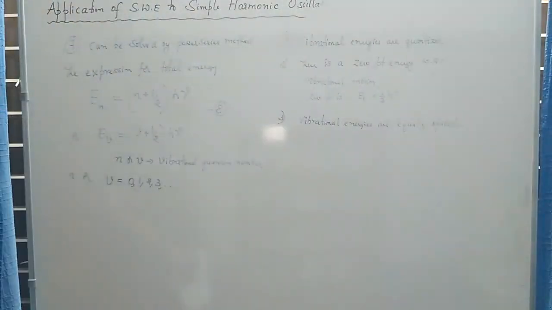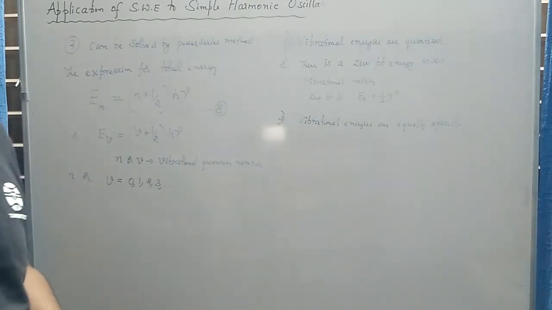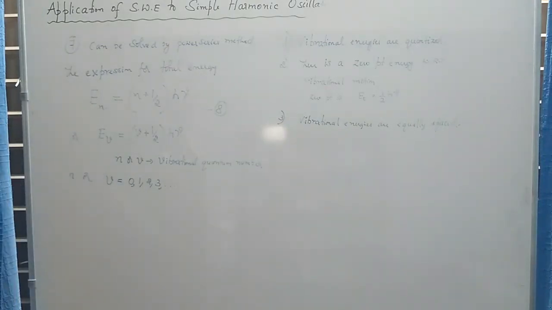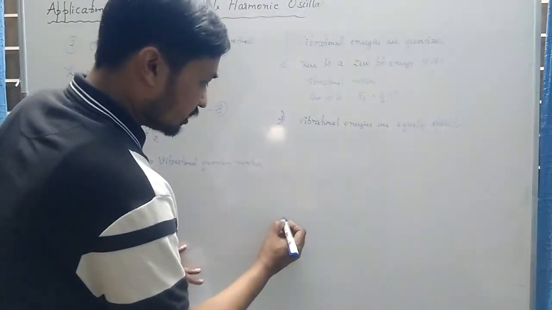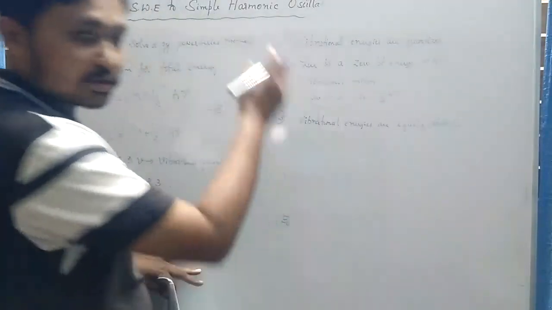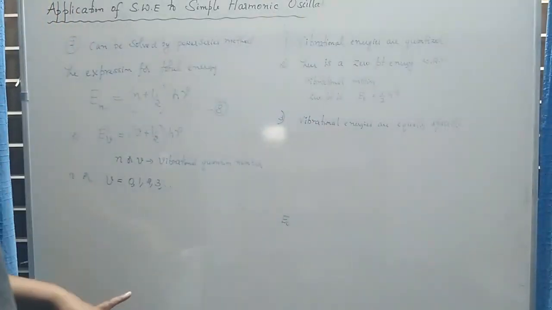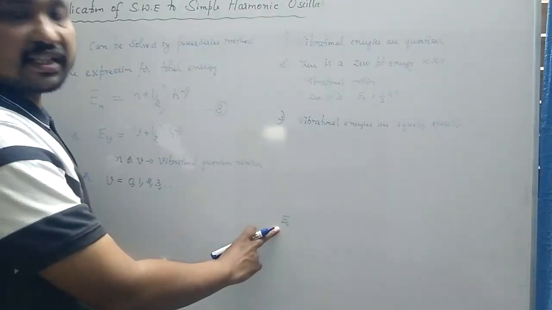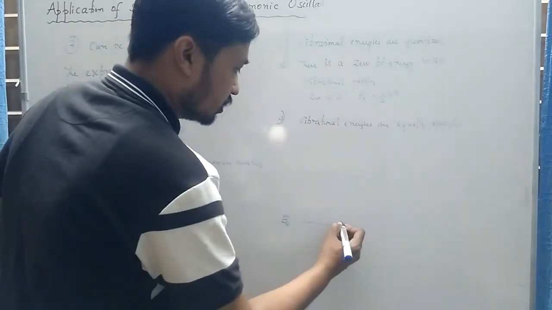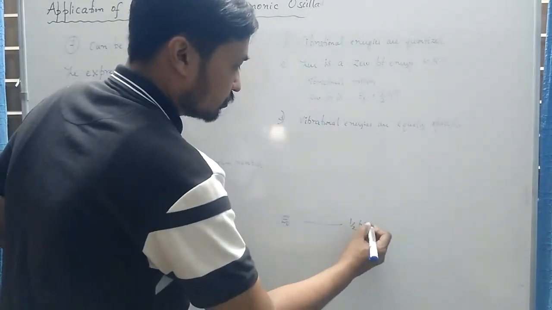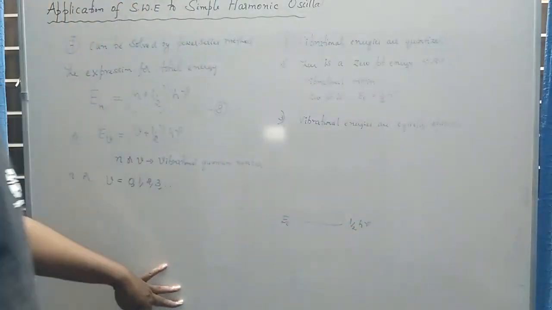Remember, rotational energy levels are unequally spaced, whereas vibrational energy levels are equally spaced. How is it so? Let us see. I had already shown it, but unfortunately I have rubbed the board, so I will show it again. The lowest energy is E0, which is equal to half h nu. So this is the energy level diagram for the lowest energy.